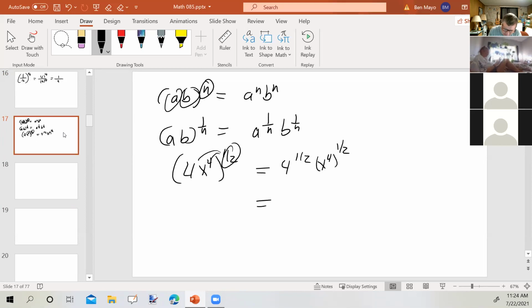All right, now 4 to the 1/2 power. What is the square root of 4? That's 2. Here we have a power raised to a power. So if we've got a to the m to the n, a power raised to a power, you multiply the exponents. What you might want to do, and I know that in this course, we didn't cover section 5.2.